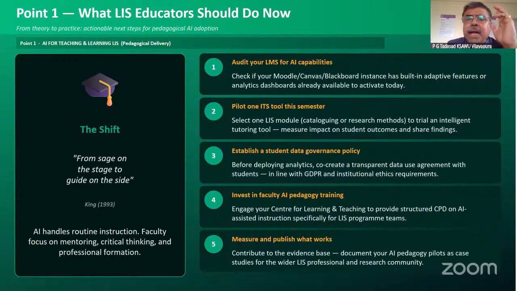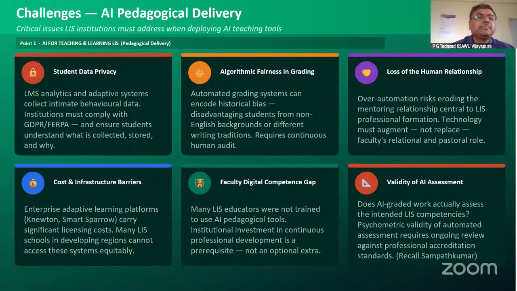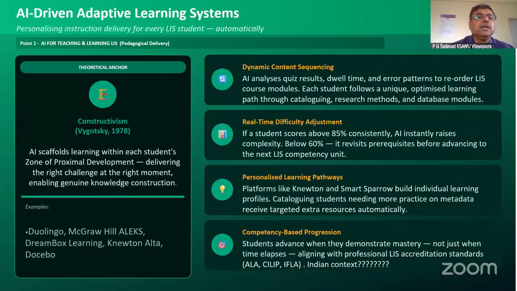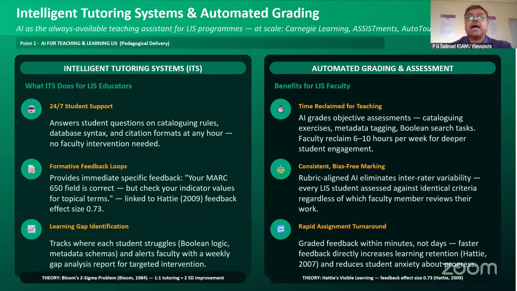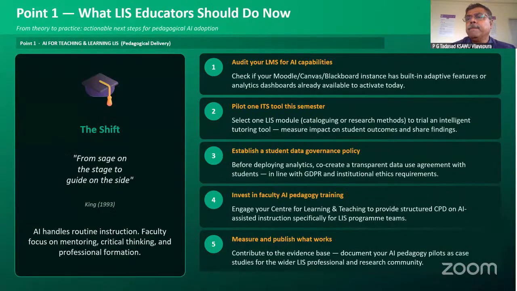I have to pilot one intelligent tutoring system tool. I need not use all the tutoring systems. Take Carnegie Learning, Assessments, AutoTutor, Cognigo; mastery over all those things is an impossible task.